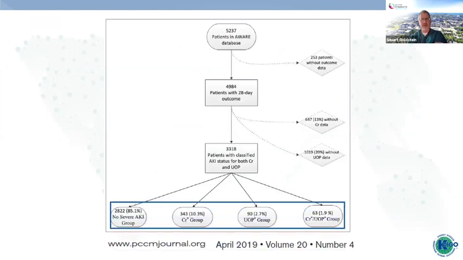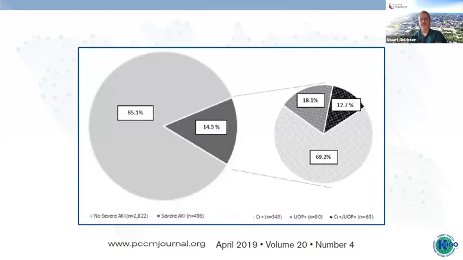And what we found was that 15% of patients had acute kidney injury stage 2 or 3 by either creatinine, urine output, or both, whereas 85% of the patients did not have stage 2 or 3 AKI by either.